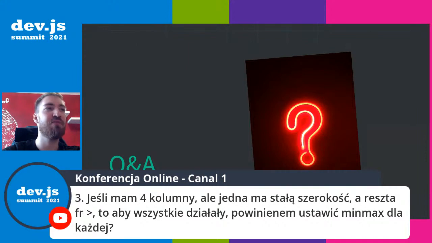So the question is if we have 4 columns and one of them has a fixed width, for example, in pixels, and the other ones are in fractional units or fractions, do we have to use min-max for them to work? And the answer is not really. We don't have to use min-max if we just want for them to take remaining space. We should use min-max if we want to define the range of space that they have available.